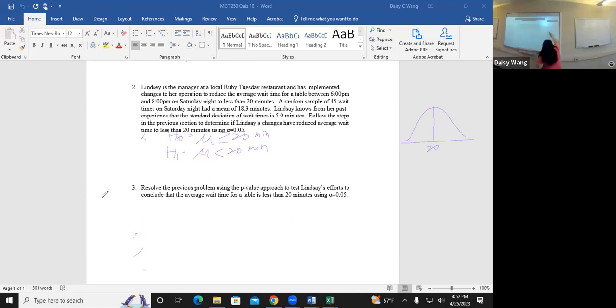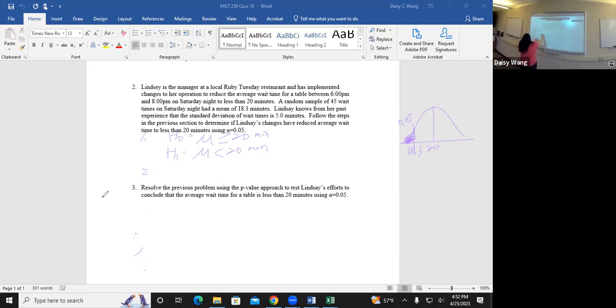Oh yeah. So we want to know the 18.3, the average wait time that took sample. Is this outside of range? Does this belong to this area? Okay.